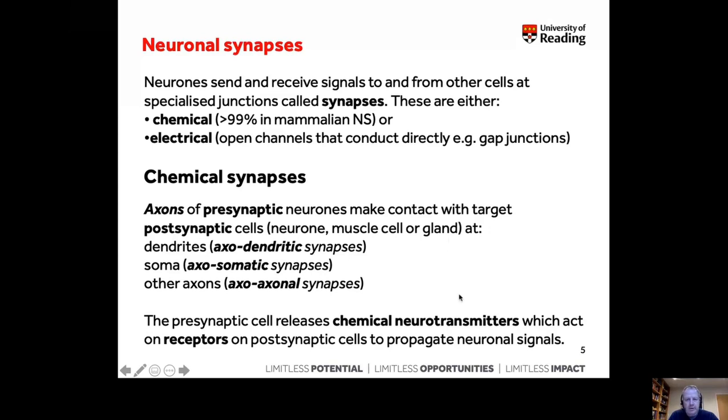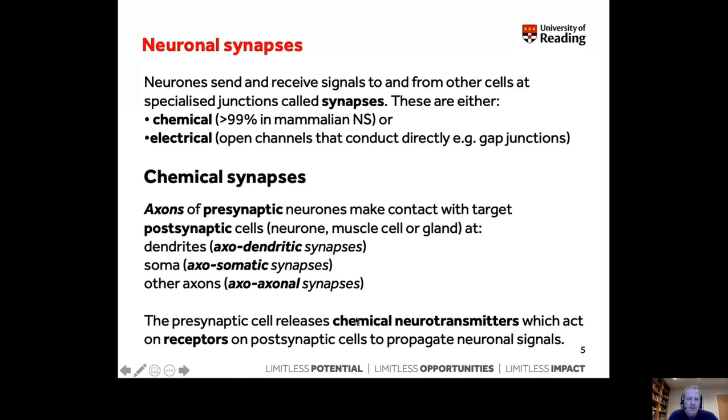Again, you'll find out about glands and hormone secretions in other parts of the lectures. So these are the predominant types of synapses that we have, mainly axodendritic, from an axon to a dendrite, axosomatic, from an axon to a cell body or soma, or axoaxonic synapses. And again, we'll see the prevalence of these as we go through the next few slides.